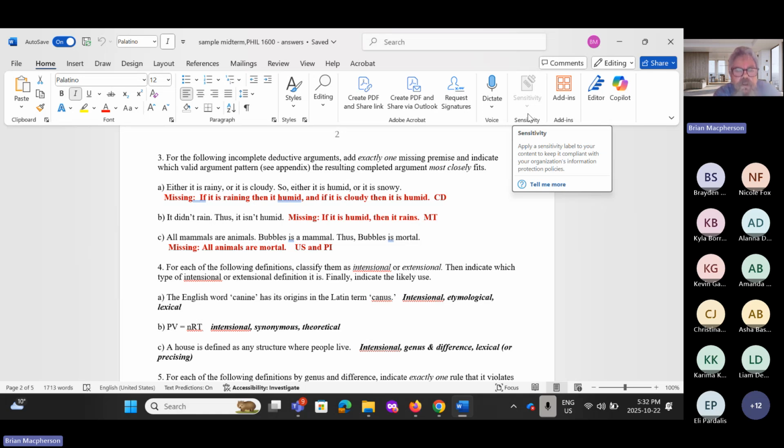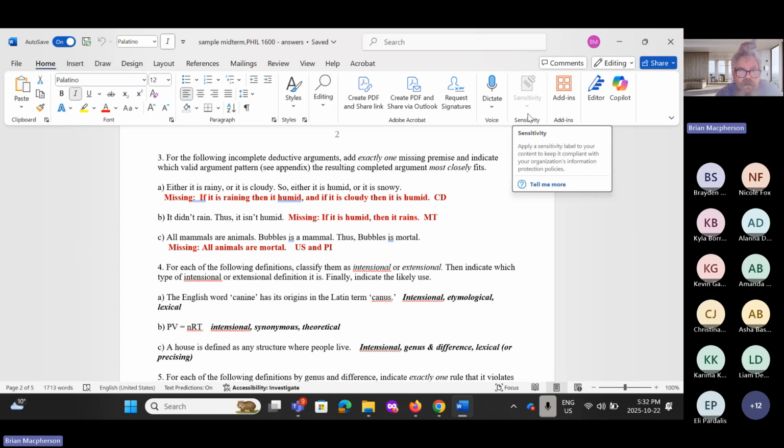Okay, so if you look here, I have either it is raining or it is cloudy. So either it is humid or it is snowy. The most obvious missing premise is if it is raining, then it is humid. And if it is cloudy, then it is humid. And notice that that's constructive dilemma, right? So constructive dilemma is if P, then R, and if Q, then S, right?